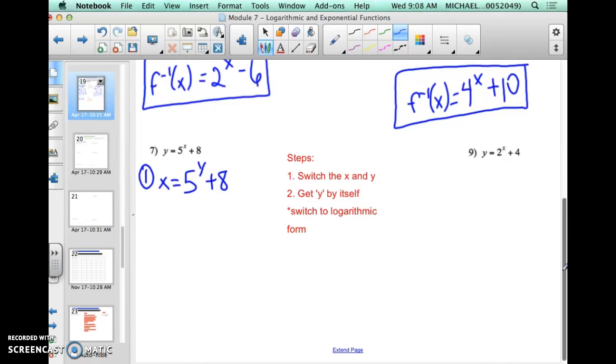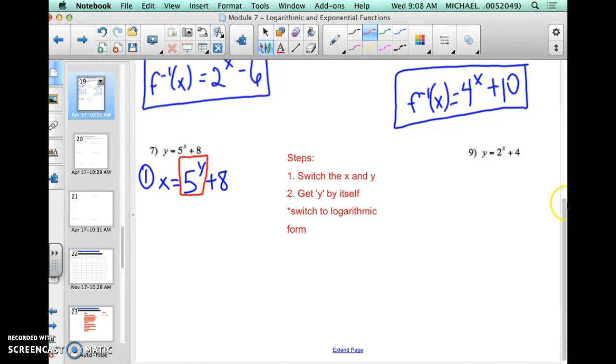All right, now, before I can switch it to logarithmic format, if you remember, I can only do that when the base and its power are by itself, meaning in this case, the 5 and the power of y are by itself. So before I switch it to logarithmic format, I have to isolate this piece, 5 to the y, all right?